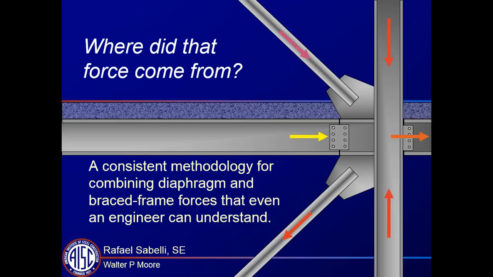What we're after today is a design methodology that permits us to make sense of the different requirements that we find in ASCE 7 and in the seismic provisions that AISC publishes, and how they come together when diaphragms meet braced frames. So this is my method of reconciling the two sets of provisions.